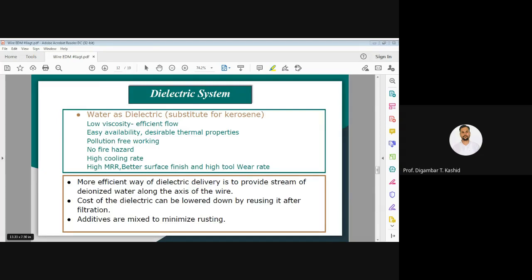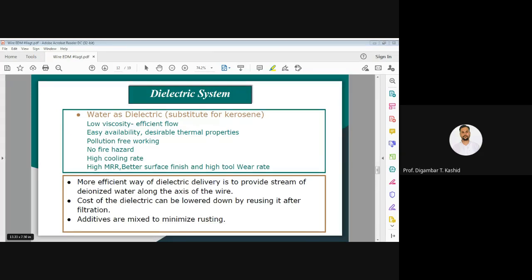As a substitute for deionized water we have kerosene also. As a dielectric fluid you can use kerosene, so you can consider this kerosene as a substitute for deionized water.